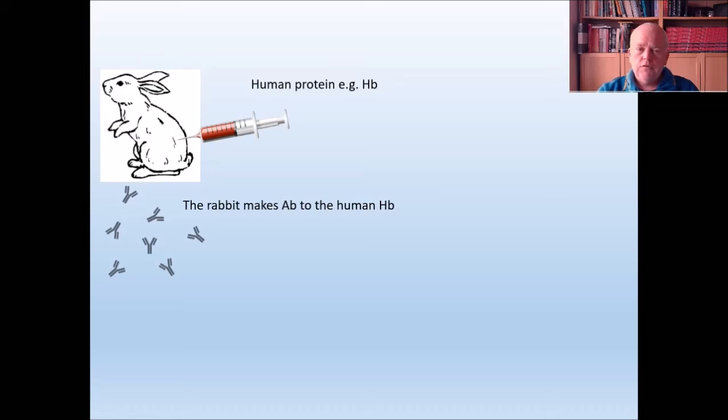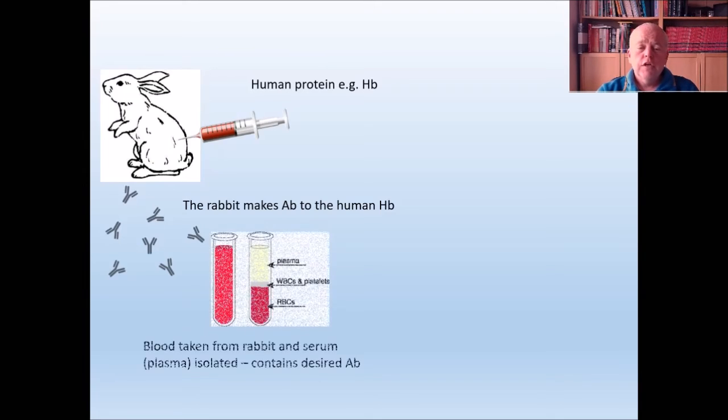And it's the antibodies from the rabbit that we're now interested in. We're going to use those to look at how similar the human hemoglobin is compared to other organisms. So we've now got our antibodies from our rabbit. What we're going to do is isolate and remove some blood from our rabbit and remove what's called the serum.